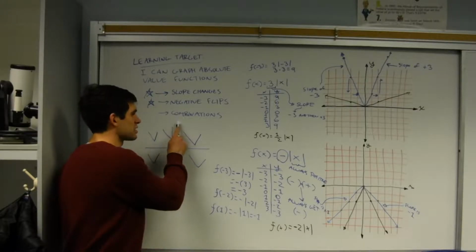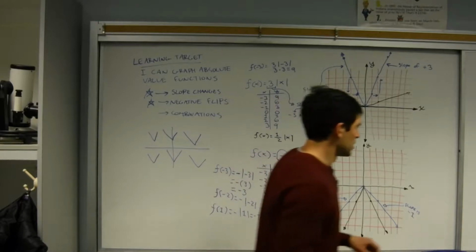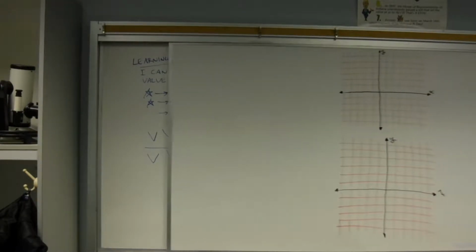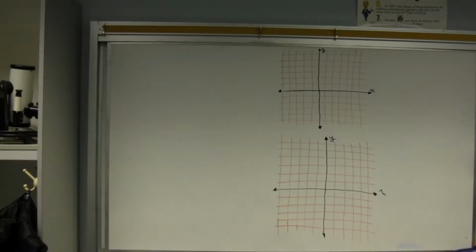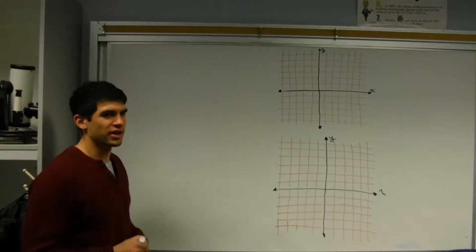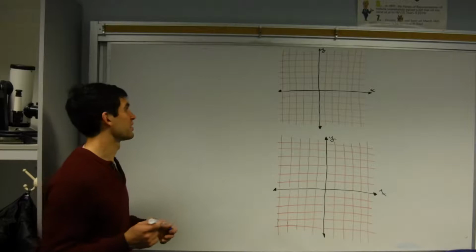So next, we're going to start looking at combinations of different types of transformations. So I'm going to move this whiteboard over here. And the key to doing combination transformations is just to look at them and take them one step at a time.